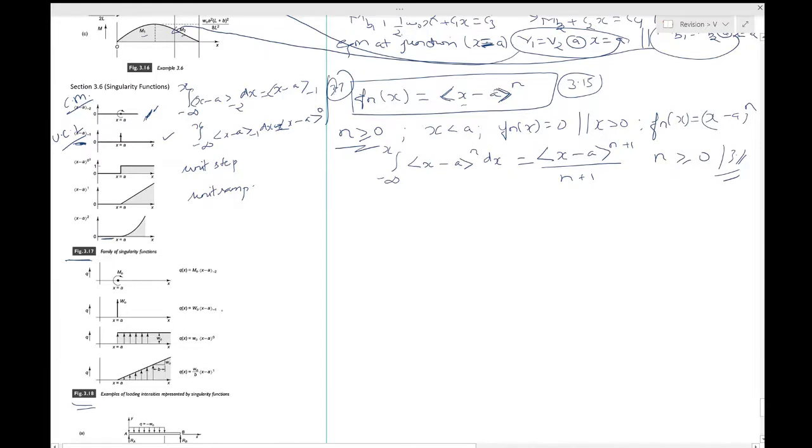If you have a concentrated force, you have x minus a to the power minus 1. If you have a concentrated moment, you have this one. For a horizontal uniform loading, you write your intensity in this form, and then you have a ramp, or linearly increasing load, like hydrostatic pressure, which you write in this form. So nothing new.